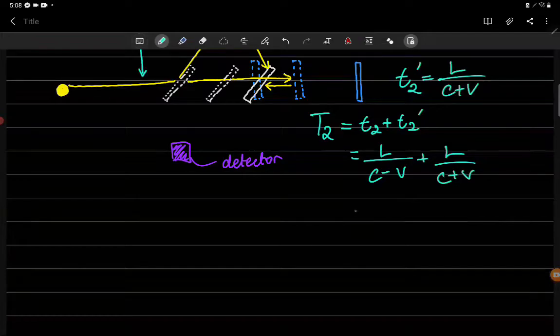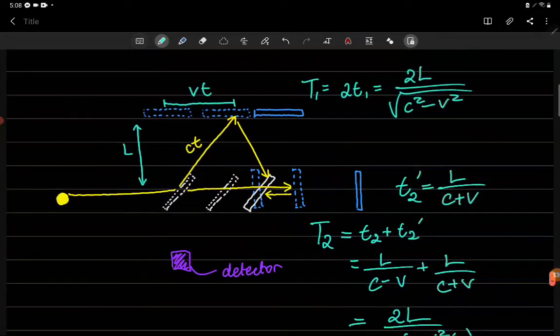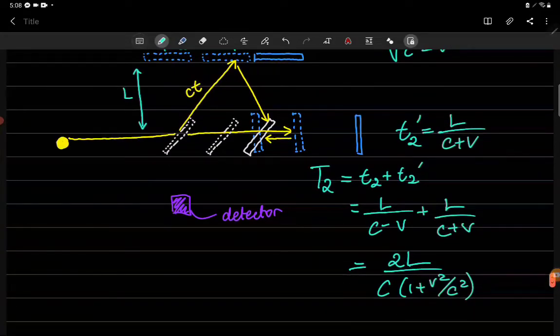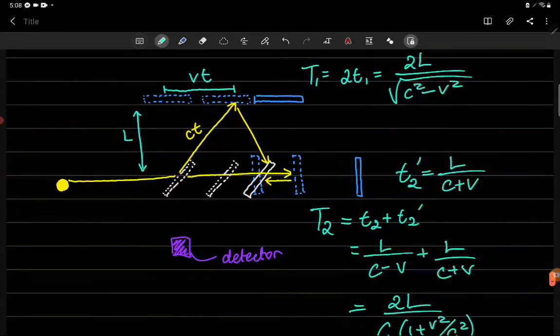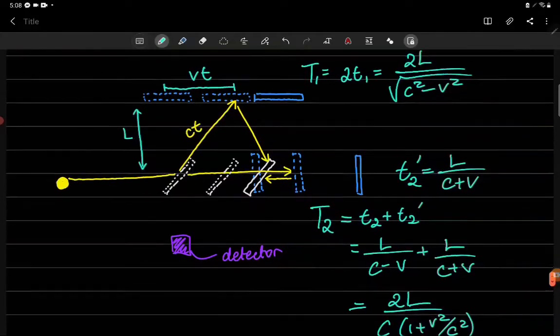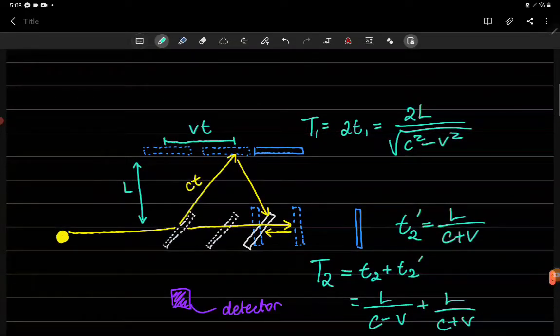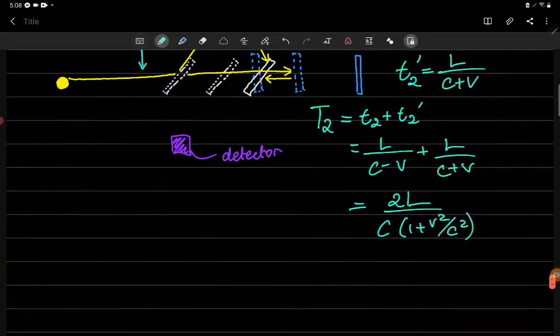And if I put this all together, that should give me 2L on C, 1 minus V squared on C squared, okay? So I'll leave that up to you to deduce why that's the case. So T1 up here is 2L on square root of C squared minus V squared.